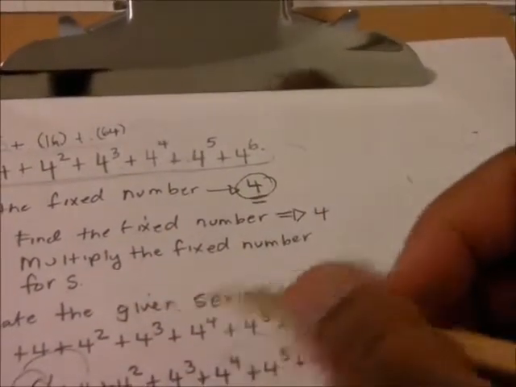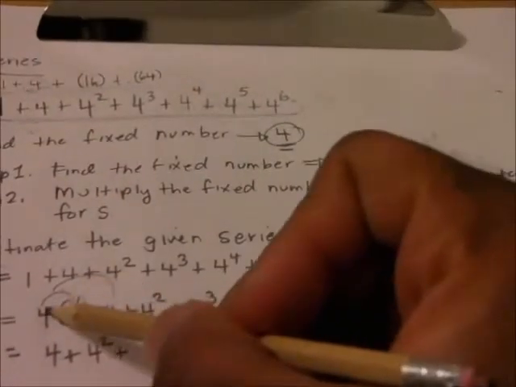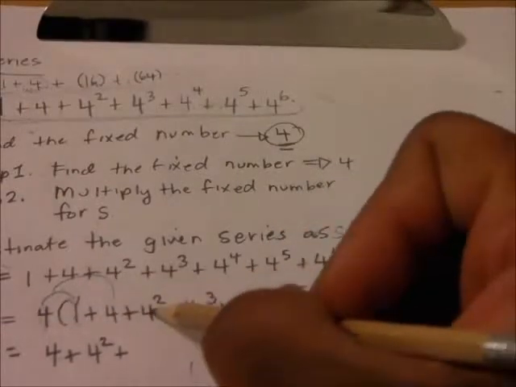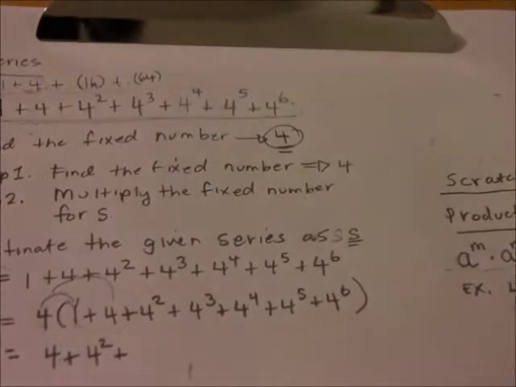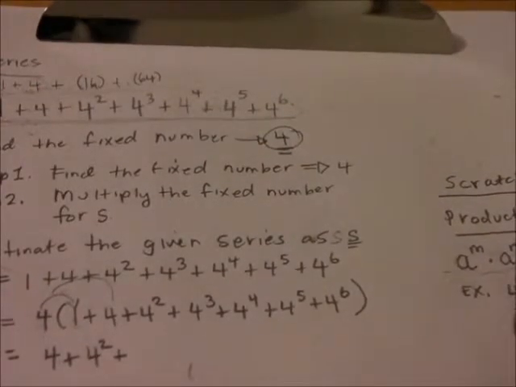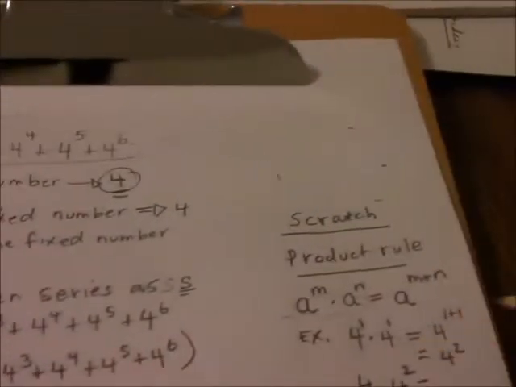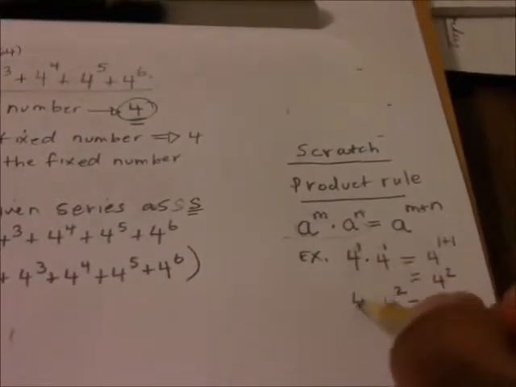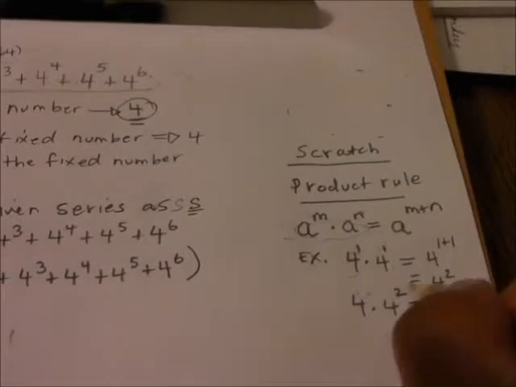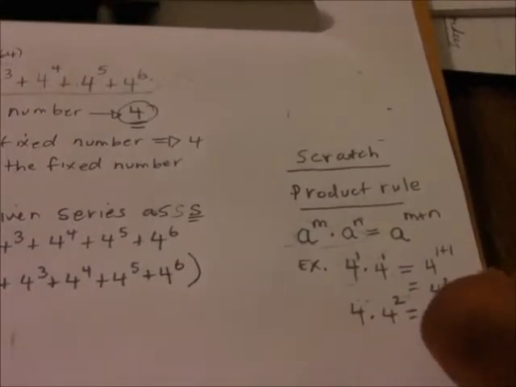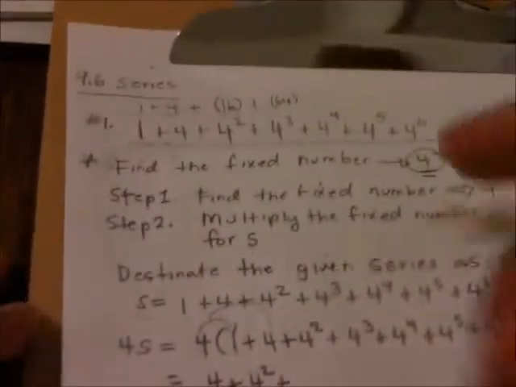Plus, we multiply 4 times 4 to the second power. When you add the exponents with the same base, that's 4 to the third. I hope you are getting this, and I'll go ahead and write it out.